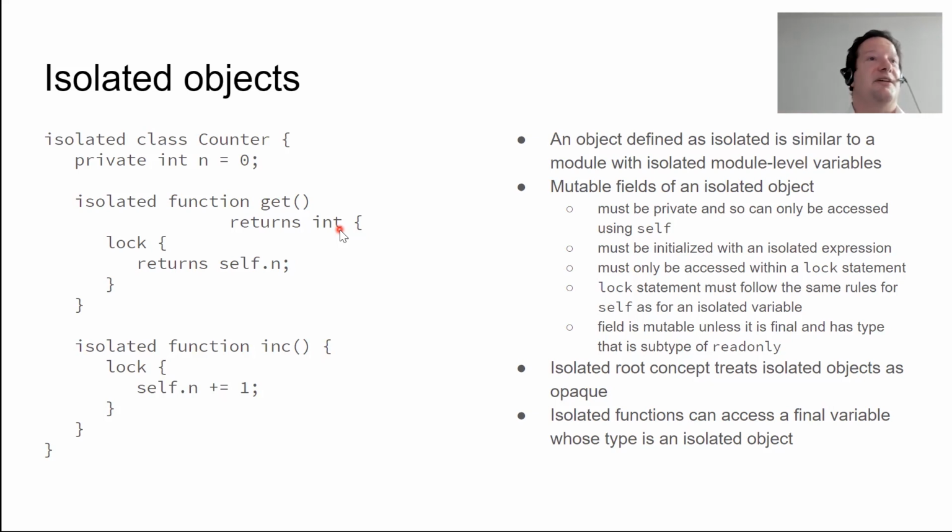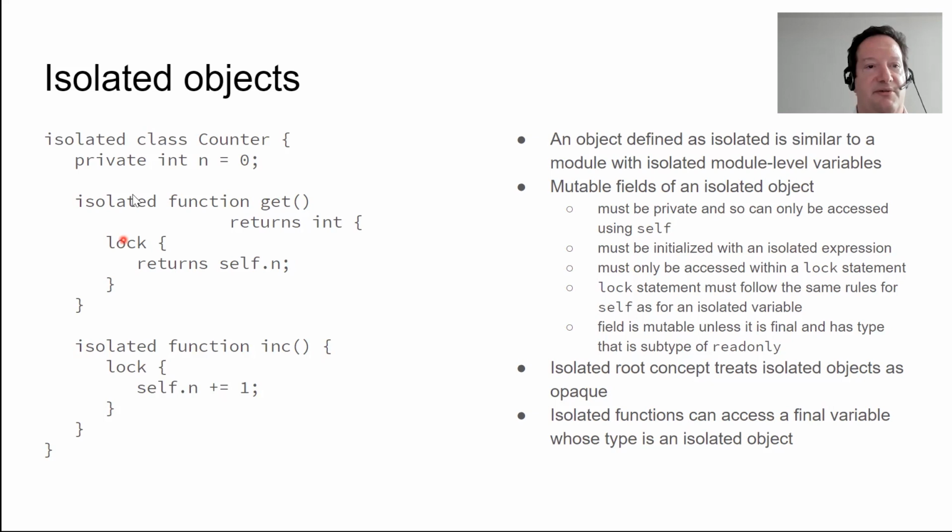You can think of the variables of the module as being like fields of the object. So an isolated object is like a module where all the module level variables are isolated.